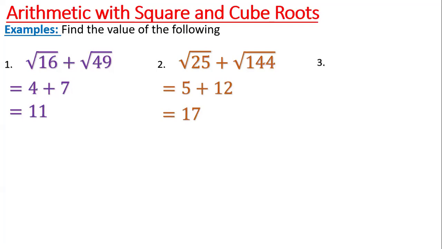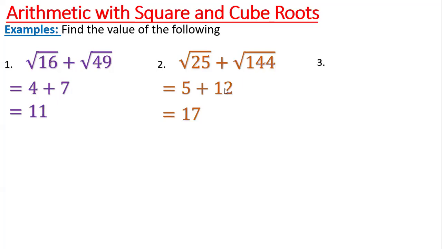So for those who are lost, did y'all get the table of the square roots? Y'all have the square root table? Yes, sir. Okay, so all we need to do is first find the square root of 25. If you look at the square root of 25 in your table, you know it's going to be 5, because 5 times 5 is 25. That's how we get 5 here. Similarly, the square root of 144 is 12, because 12 times 12 is 144.